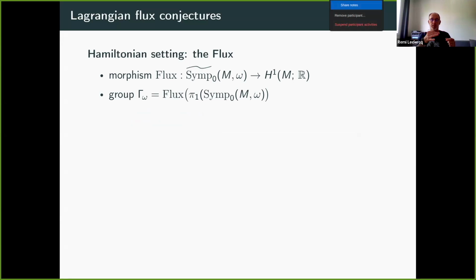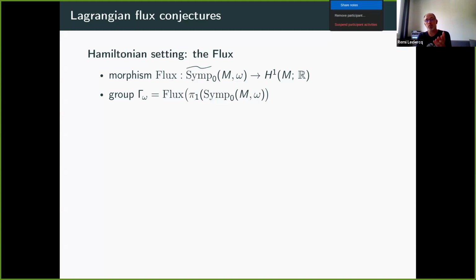You take a loop in M and an isotopy of symplectic diffeomorphisms starting at the identity, and you feed the loop to this isotopy, you get a cylinder. From this cylinder, you extract its symplectic area, and what you just did is, to a loop in M and an isotopy of symplectomorphisms, you associated a real number.